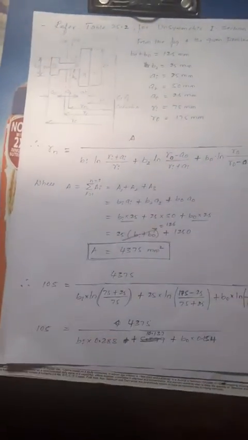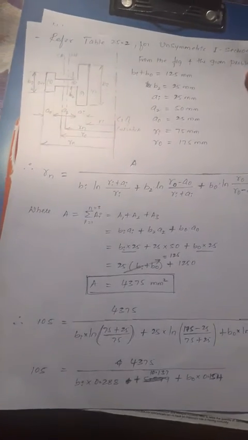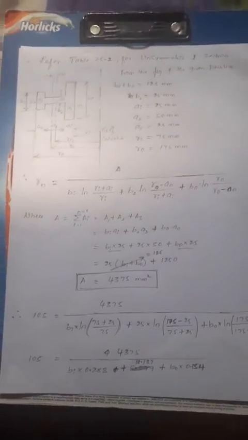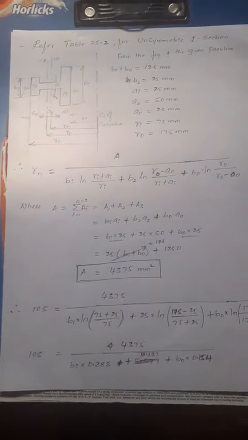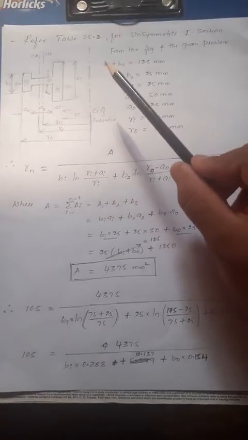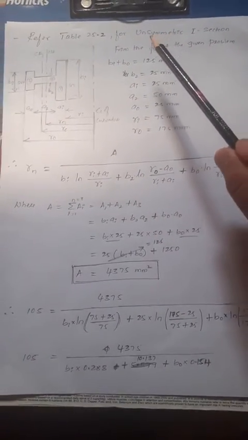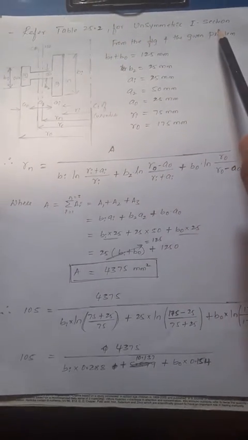Next, we will refer to other data again from the earlier two or three problems. We usually consider the table first because the cross sectional dimensions are given, but here we first take table 25.2 because we already know the radius of the neutral axis. Refer to table 25.2 for the unsymmetric I section.